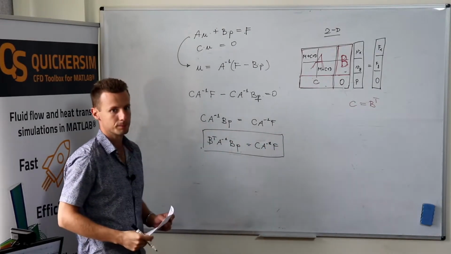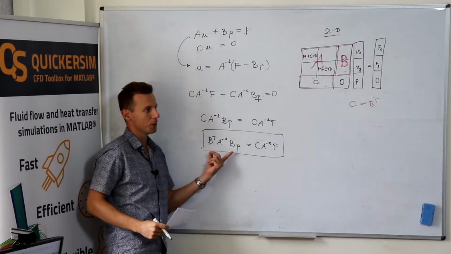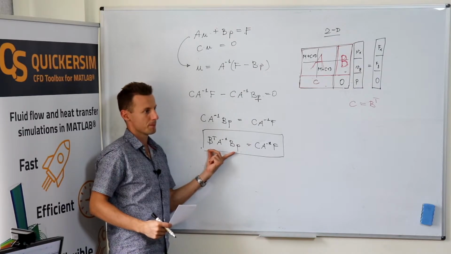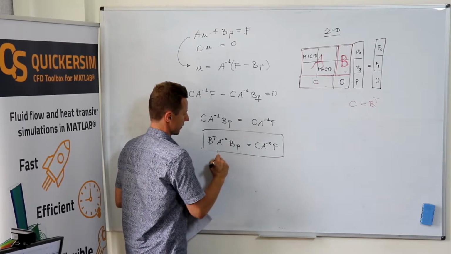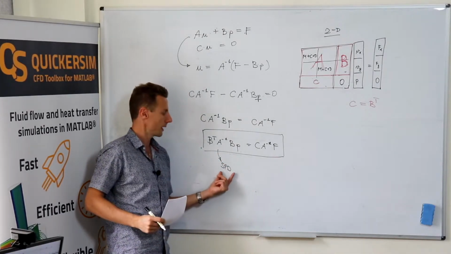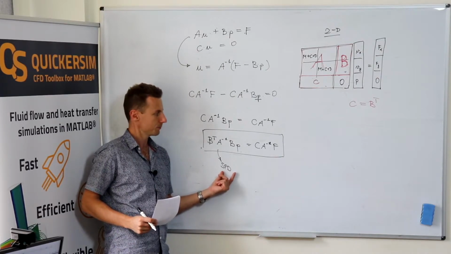The very nice thing about this matrix is its symmetry and positive definiteness. Turns out that this matrix is symmetric positive definite, so we already have many solvers that we can use to solve it.